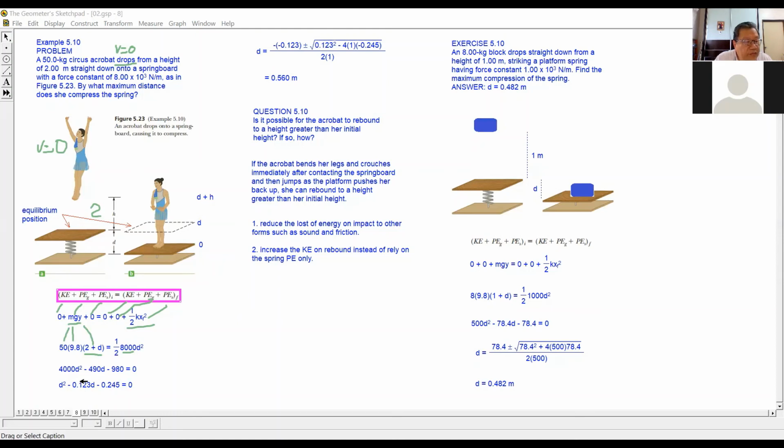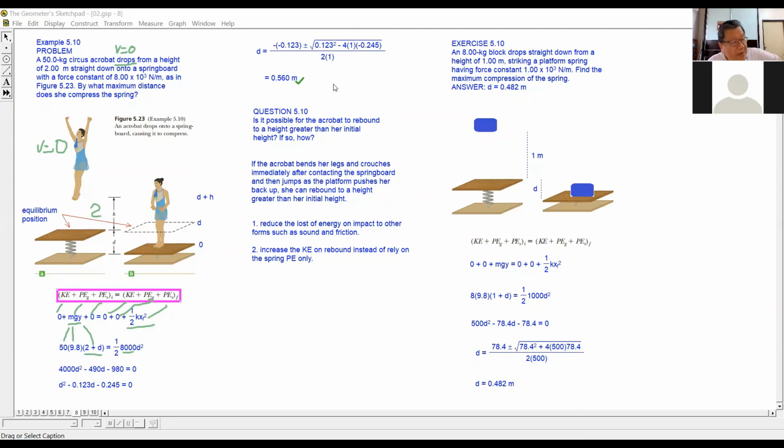You reduce it to the form ax squared plus bx plus c. So the a is 1, the b is negative 0.123, and the c is negative 0.245. And solving this quadratic equation using the formula minus b plus or minus square root of b squared minus 4ac divided by 2a, you take the numbers from here, substitute into the quadratic formula, and you have this distance is 0.56 meters.